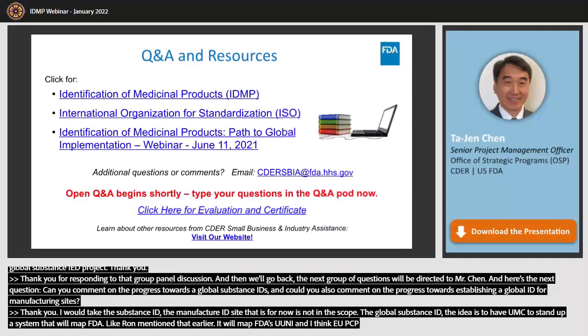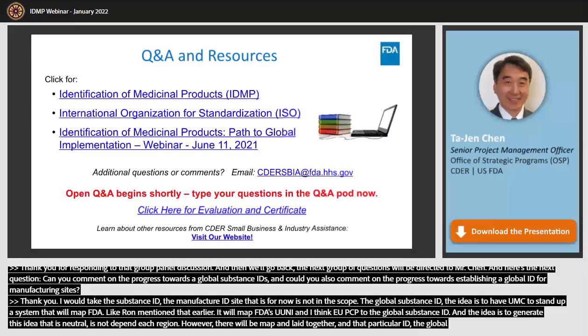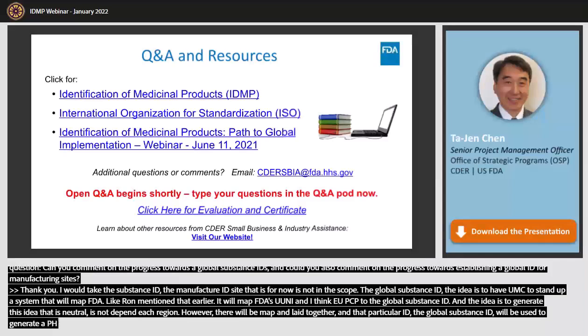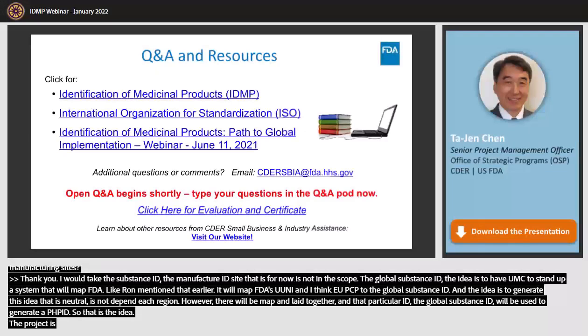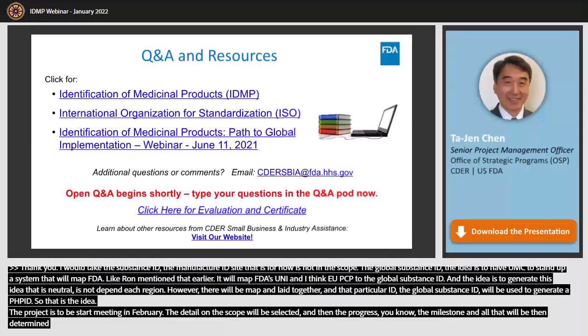And the idea is to generate this ID that is neutral, not dependent on each region. However, they will be mapped and linked together. And that particular ID, the global substance ID, will be used to generate a PhPID. So that is the idea. The project is to start meeting in February. The detail on the scope will be selected, and then the progress, the milestones and all that will be determined during that meeting. Thank you.